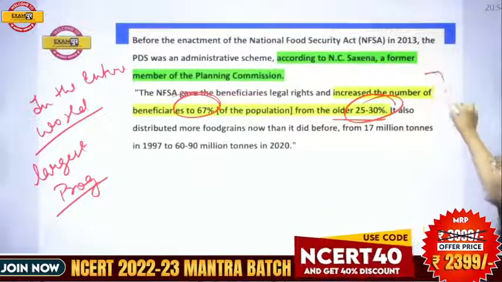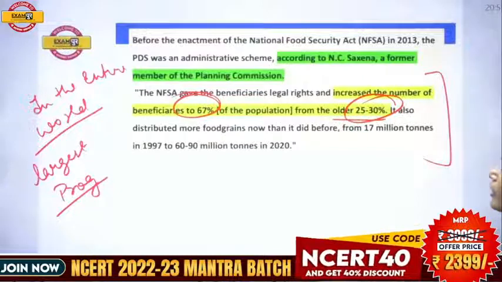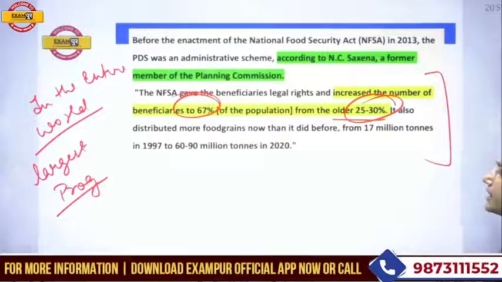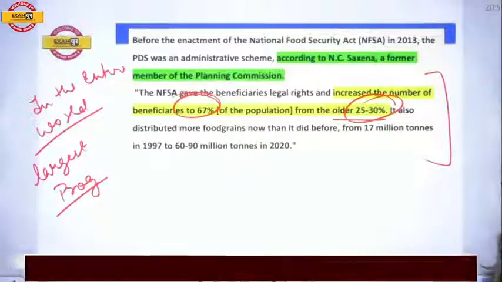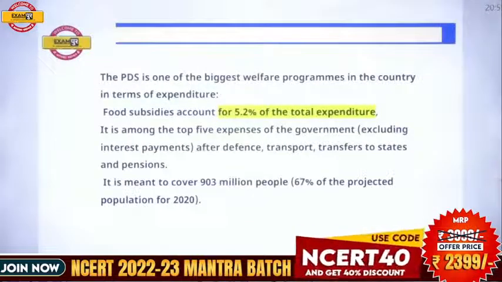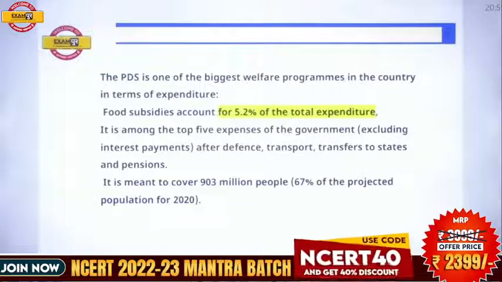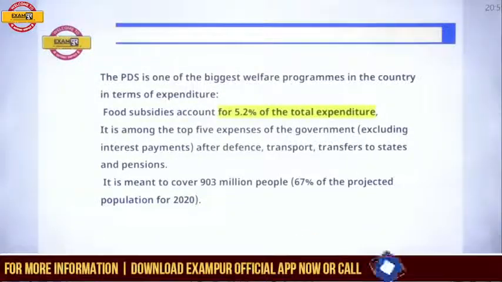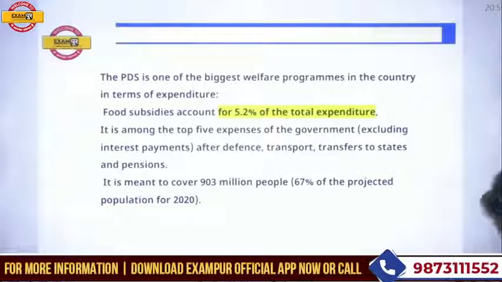According to NC Saxena, former member of the Planning Commission, the PDS was an administrative scheme. It is one of the biggest welfare programs we are talking about. 5.2% I have already mentioned.